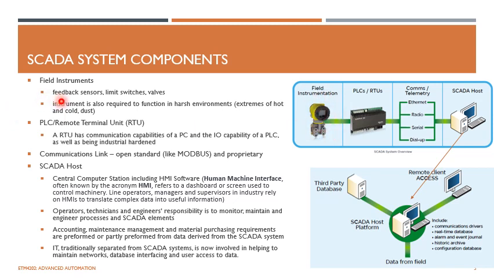That includes the feedback sensors, limit switches, valves, pumps, and all the things. The instruments are also required to function in a harsh environment, which means these devices have to deal with extremely hot or cold environments, dust, or whatever the harsh environment in the industrial field.